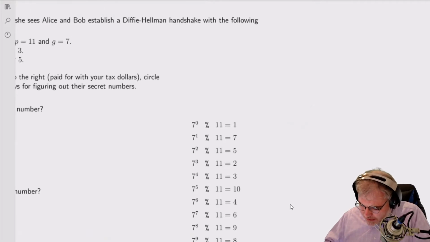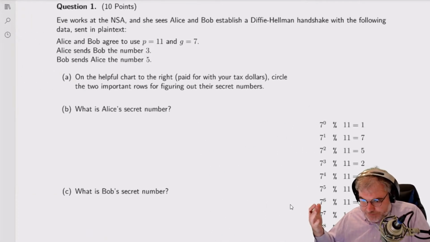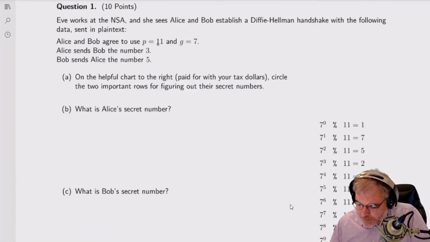The idea here is what's going to happen. So let's look at the numbers, okay? Alice and Bob agree to use P equals 11 and G equals 7. Both of those things are public information, right? Public.